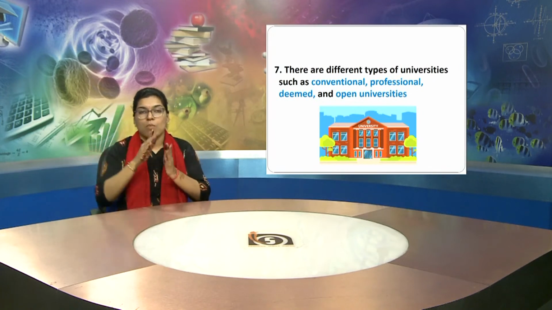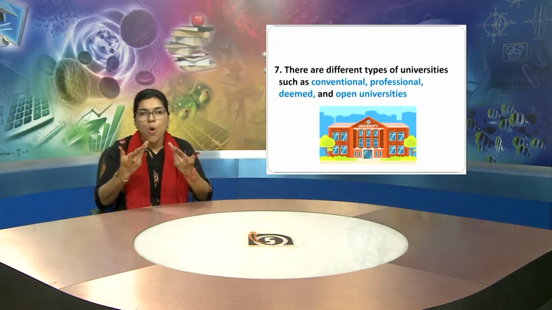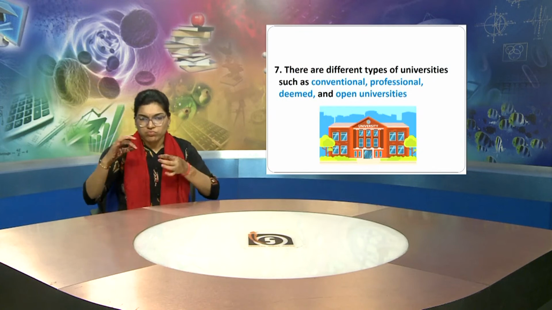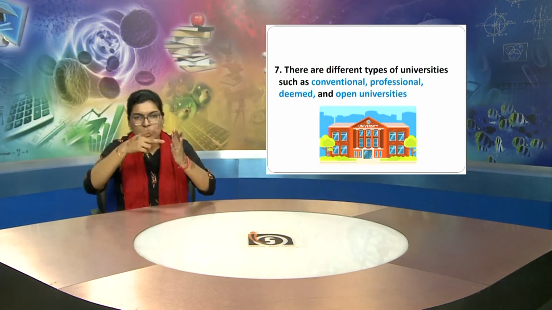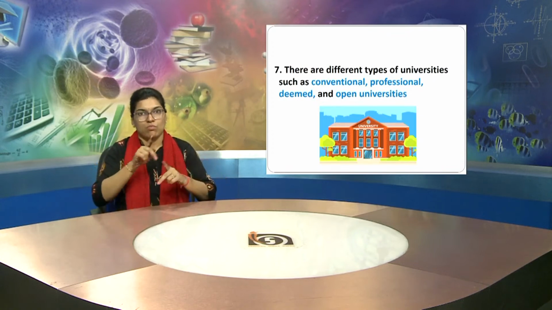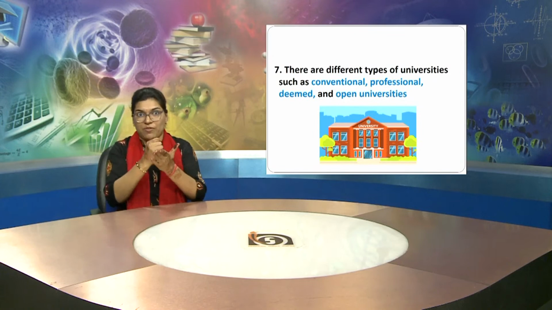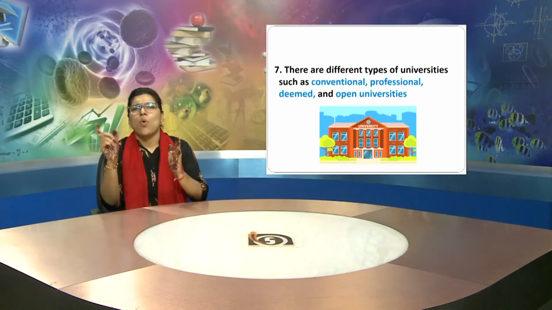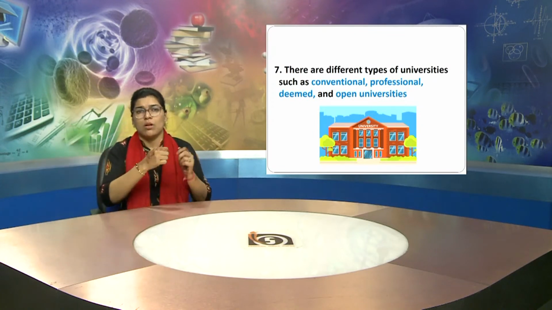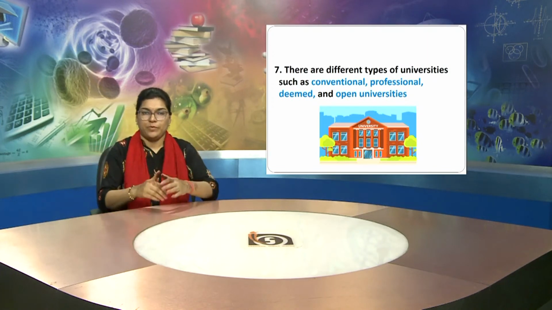First is conventional, then professional, then deemed universities, and then open universities. These are the main 4 types of universities, and we should be aware of them.